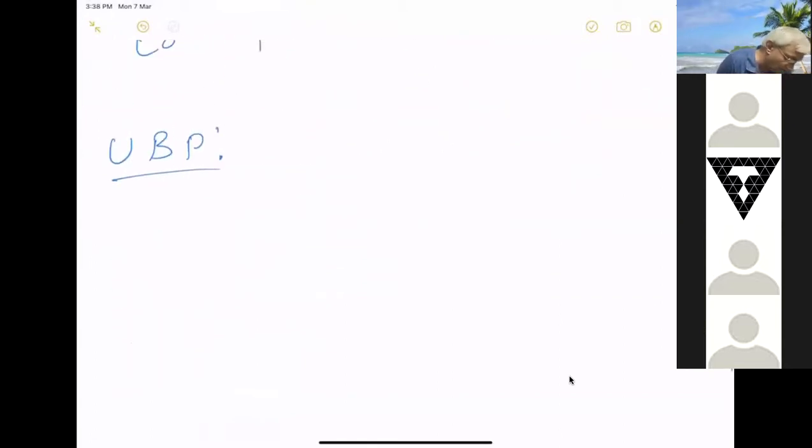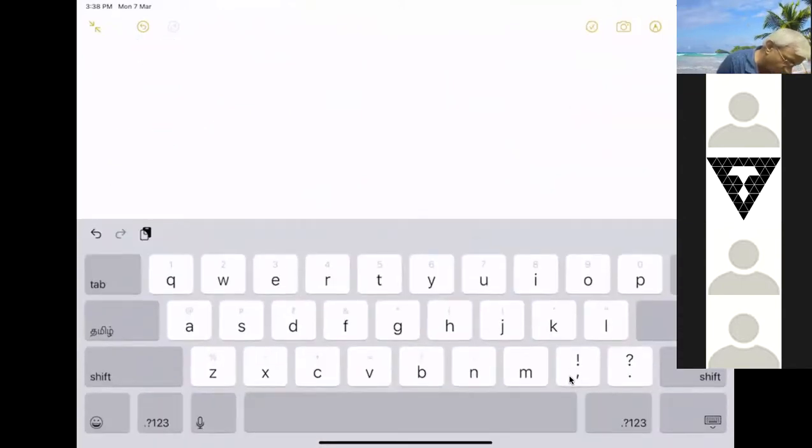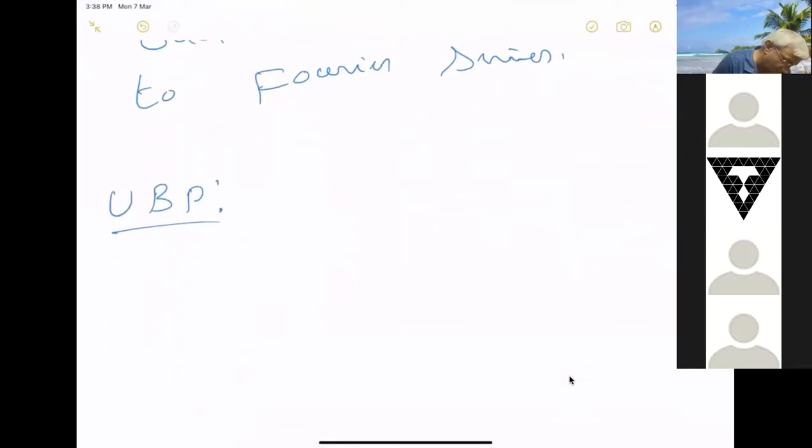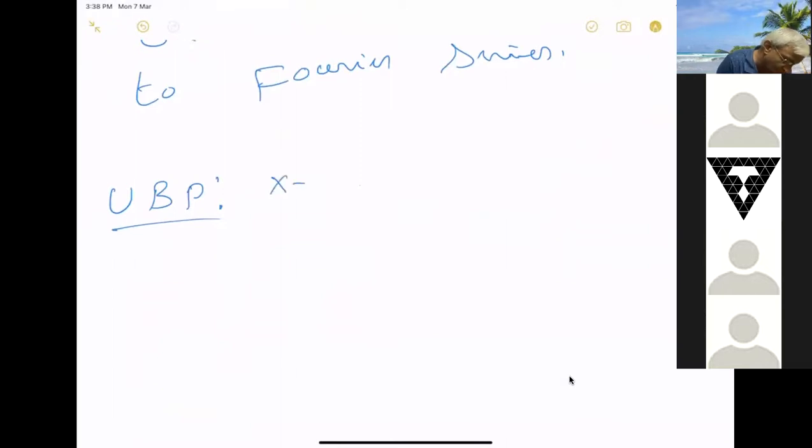So anyway, let me recall the uniform boundedness principle. If X is a Banach space, X actually need not be a Banach space, let me tell you why.